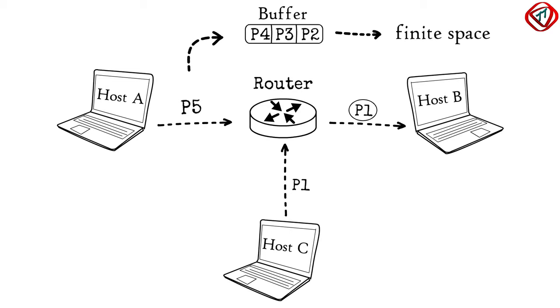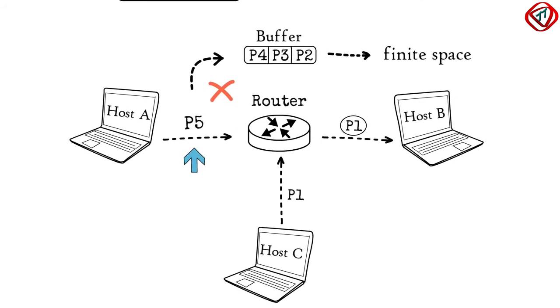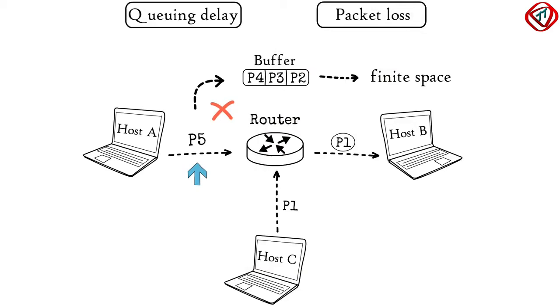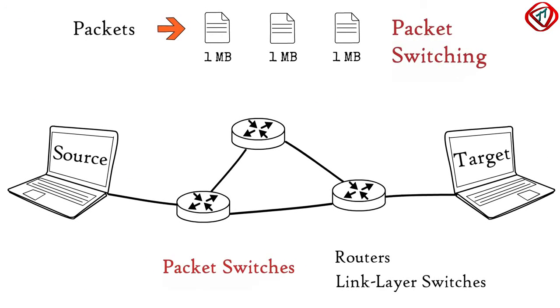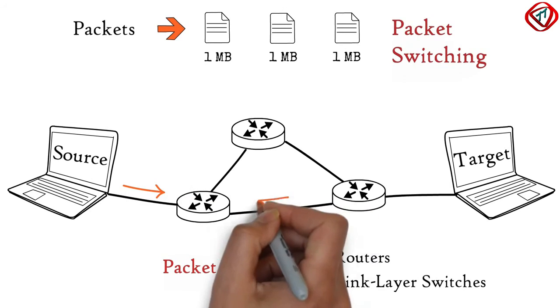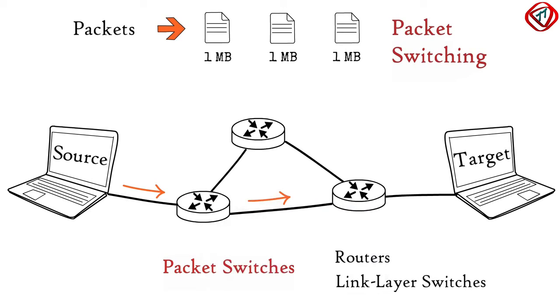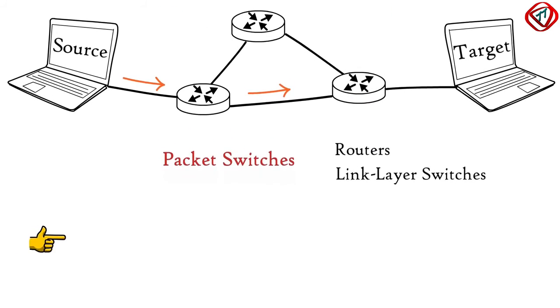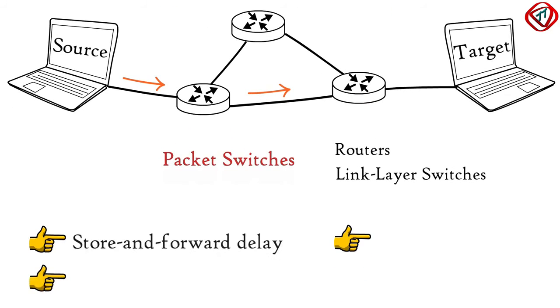In such cases, either the incoming packet or the one present in the buffer is dropped. It is called packet loss. Till now, we have learned that in packet switching, packet switches receive packets at one communication link and forward them to another communication link. During this process, it may suffer store and forward delay, queuing delay or packet loss.